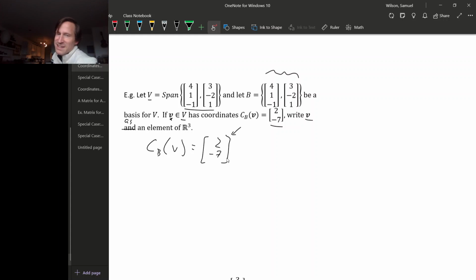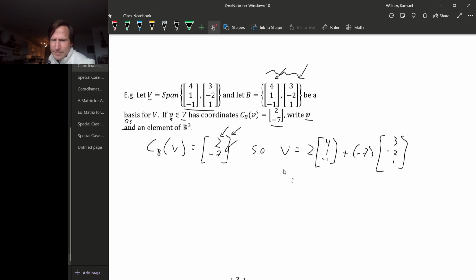But remember what that tells us. These coordinates are really the coefficients for the basis. So our vector v is the coefficient in the first position times the basis vector in the first position, 4, 1, minus 1, plus the coefficient in the second position times the basis vector in the second position, 3, minus 2, 1.